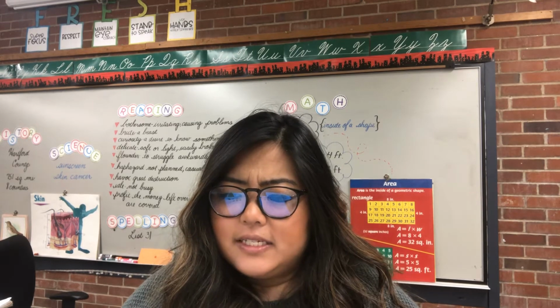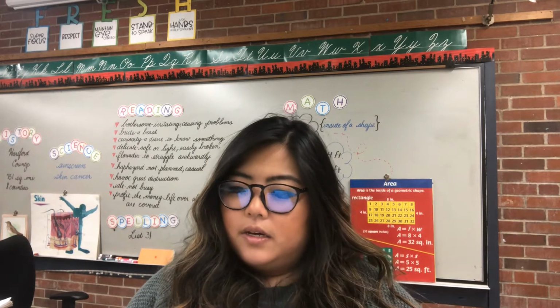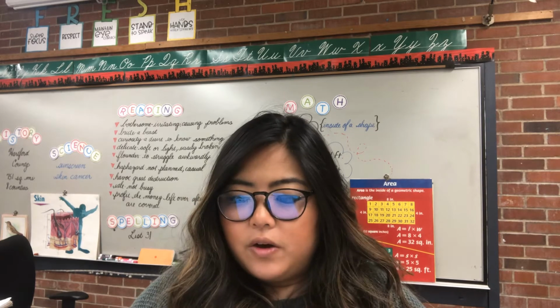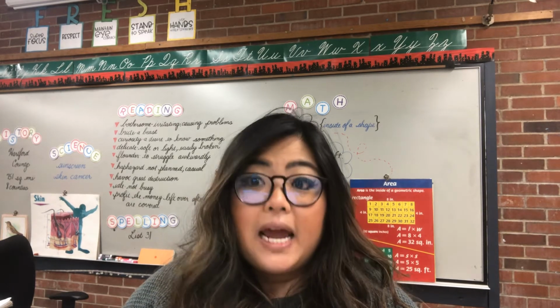For section 3, A is a square, B is a triangle, C is a parallelogram. Now, a parallelogram has parallel lines and looks like a rectangle on its side. D is a rhombus.